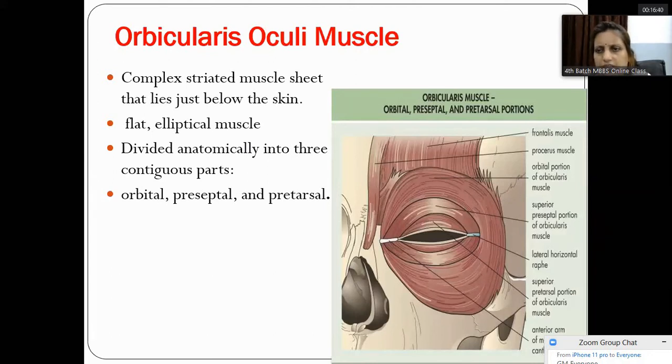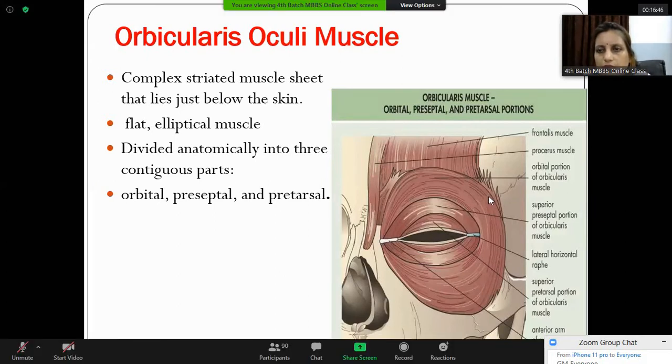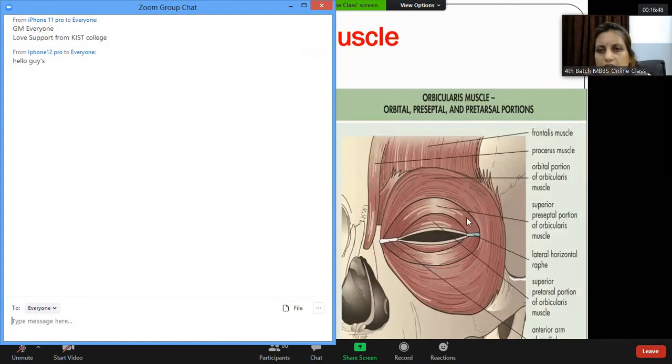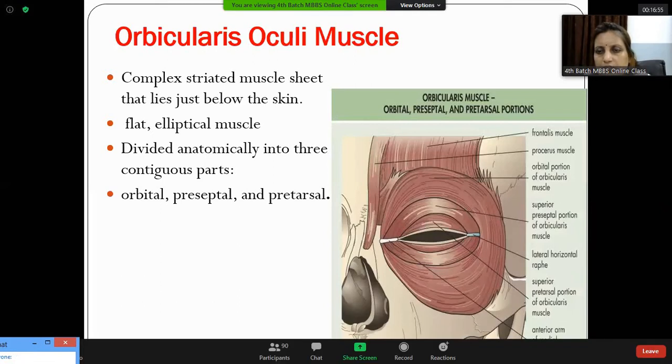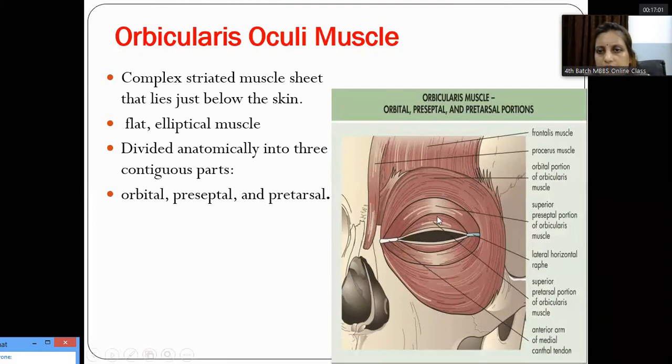So you can see in this picture the orbital part of the orbicularis oculi muscle. This is the preseptal portion, and the pretarsal, superior pretarsal part, is within the tarsus.